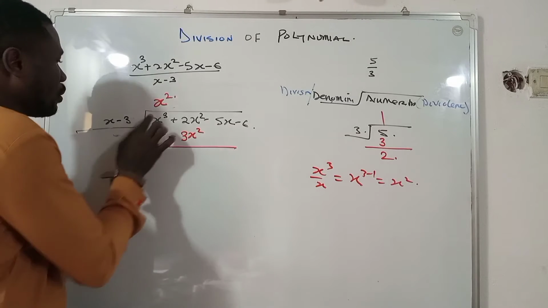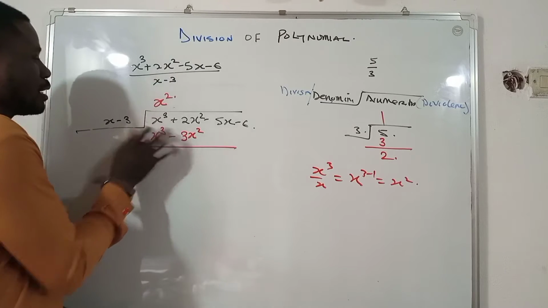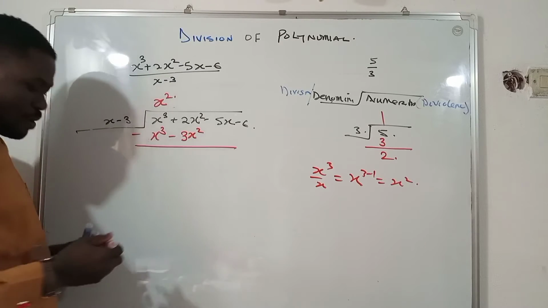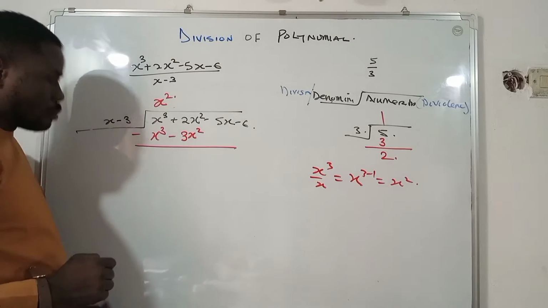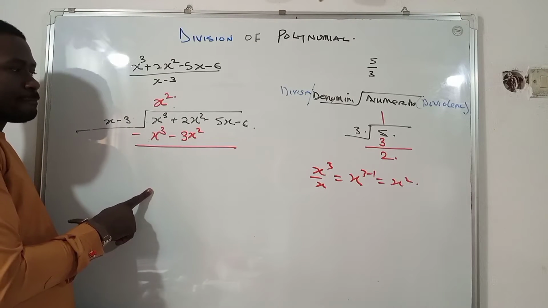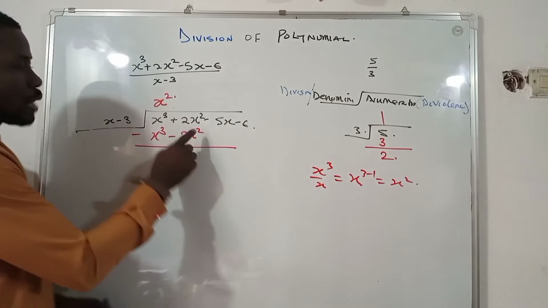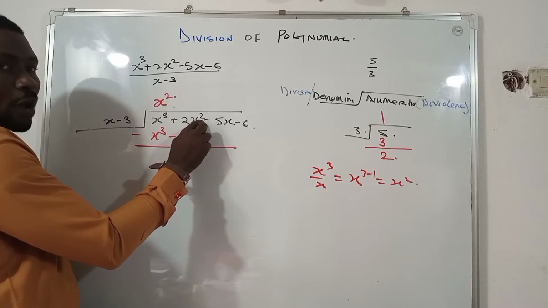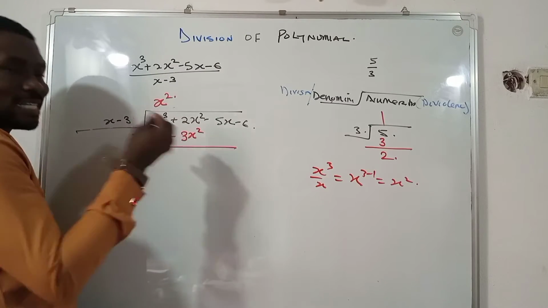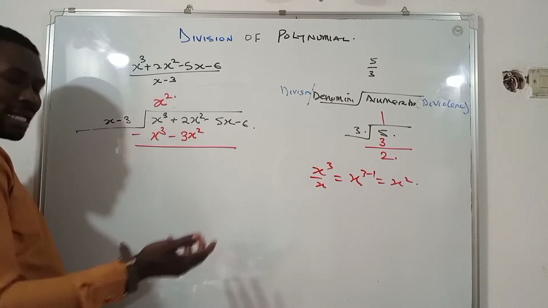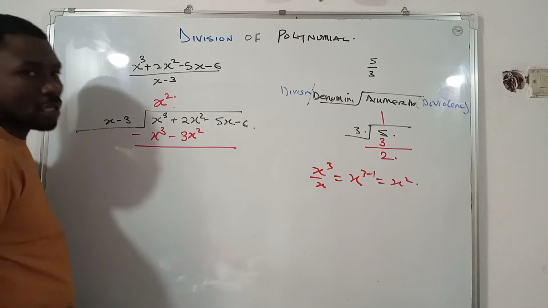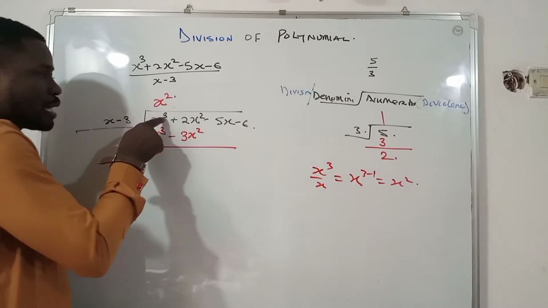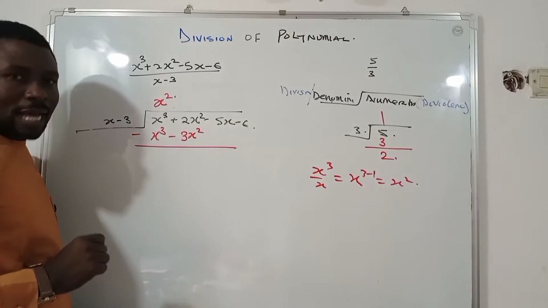So I will therefore go forward with a minus sign, because a minus sign will give me what? 0 of what? X cubed. So I will now say x cubed minus x cubed, that will be what? 0. At this point in time, look, this is x squared and this is x squared. You notice both have the same powers. That means they are like terms. You do not subtract or add terms that are unlike. That's why we say x cubed minus x cubed, because they are like terms.